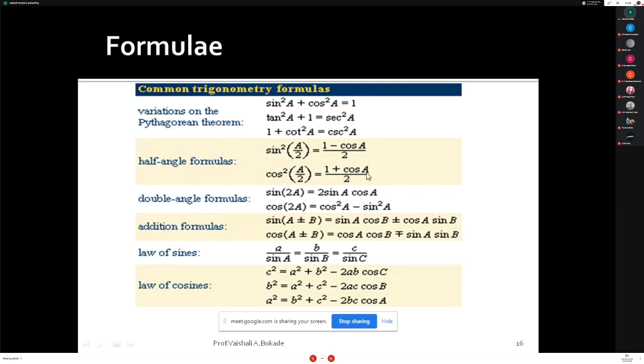We know that 1 plus cos a divided by 2 is cos square a by 2. And right now only some of you are telling me formally: sine of a plus b is sine a cos b plus cos a sine b. If I am moving the minus sign, on the right hand side also I have to write minus sine a cos b minus cos a sine b. Cos of a plus b is cos a cos b minus sin a sin b, and whenever I'm having cos of a minus b, I'm getting the right hand side with a plus sign.